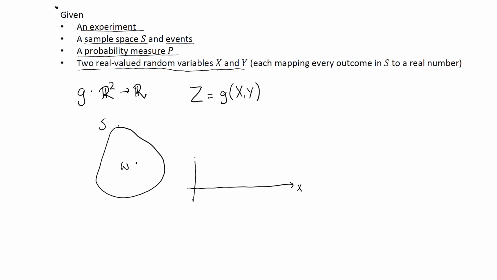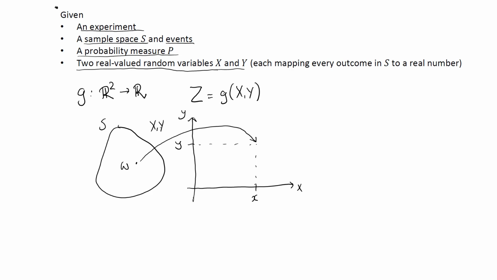But if I put the Y axis vertically, I can illustrate the combined mapping X and Y of omega. So if X maps omega here and Y maps omega here, then X comma Y will map omega to this point in R2. So this is my X and Y mapping of omega.